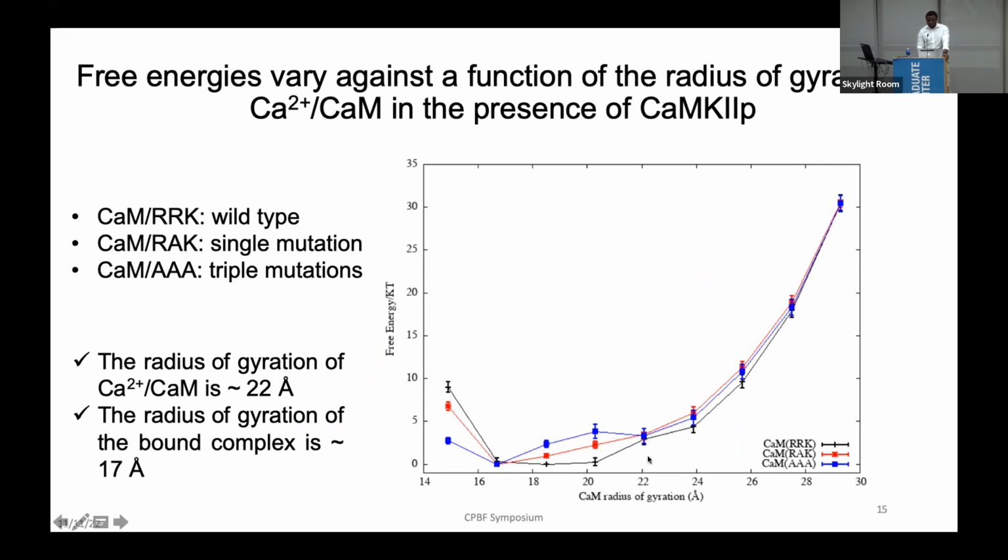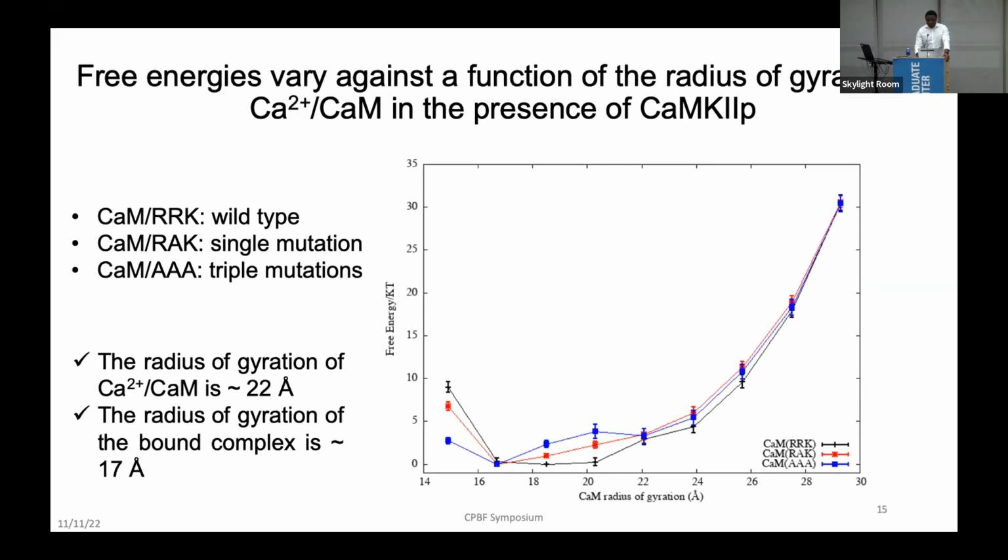As we approach 22 angstrom, we start to notice interesting changes among the energy profiles, where the complex of CaM plus the wild type has the lowest free energy compared to the complex between CaM and the triple mutant peptide. This means that the complex of calmodulin and the wild type is more stable than the complex with the mutation.